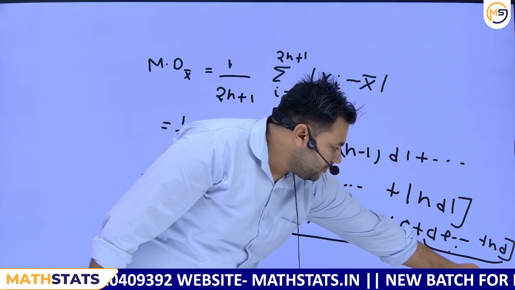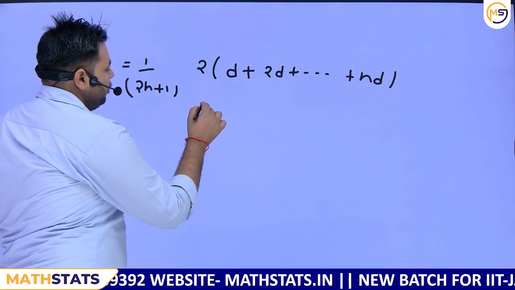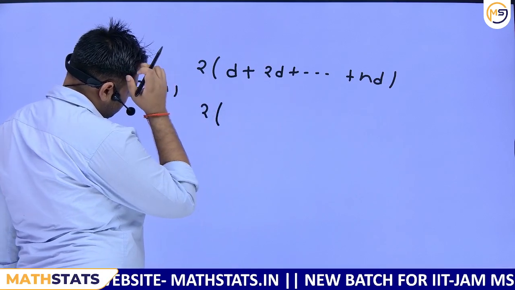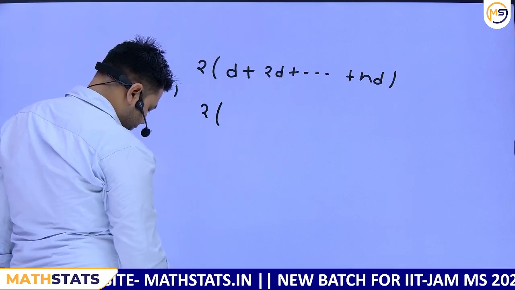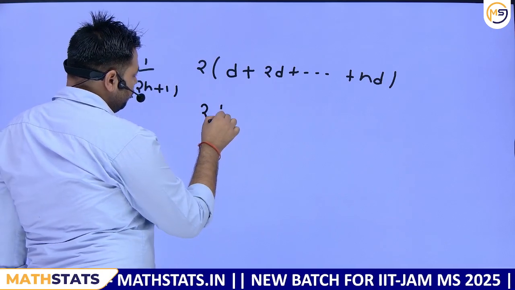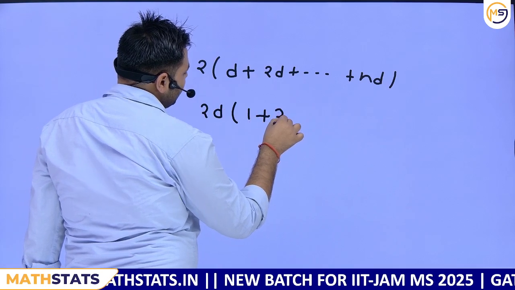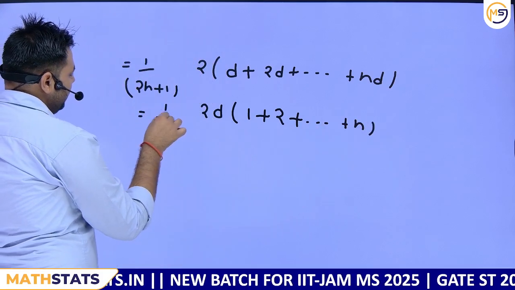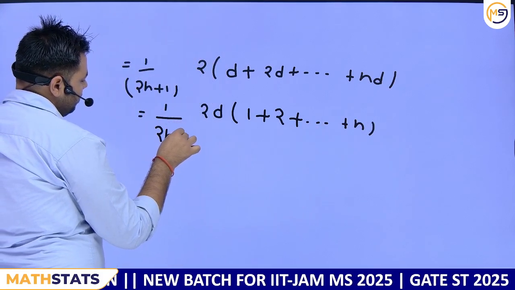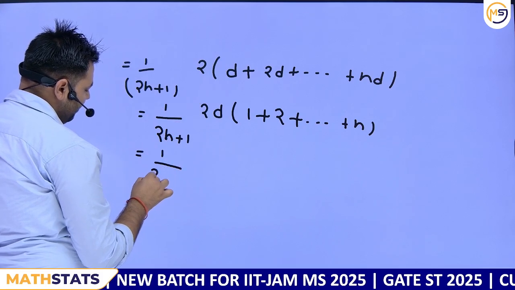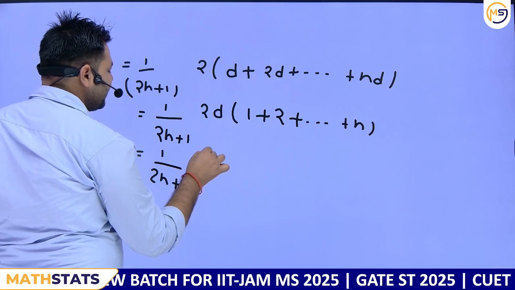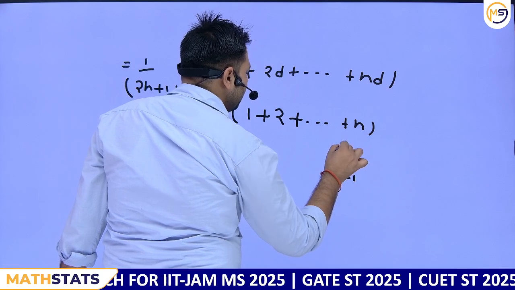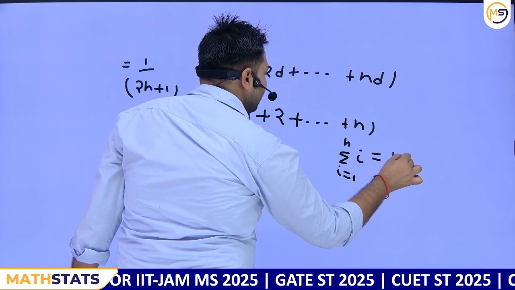Okay. So now here d is common, you can take d common, then you get 2d times (1 plus 2 plus so on plus n), with 1 upon 2n plus 1. What is the summation of 1 plus 2, i equal to 1 to n, i equals n upon n plus 1 by 2.